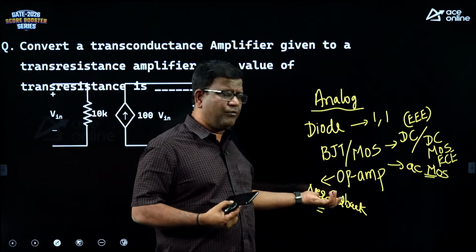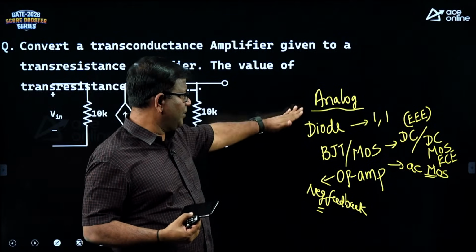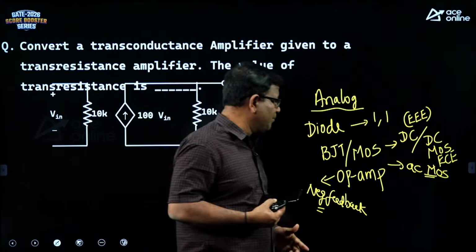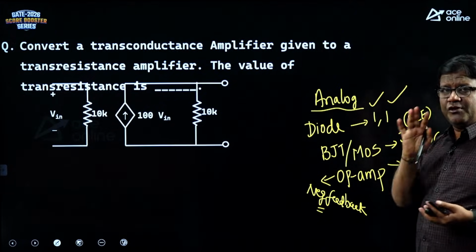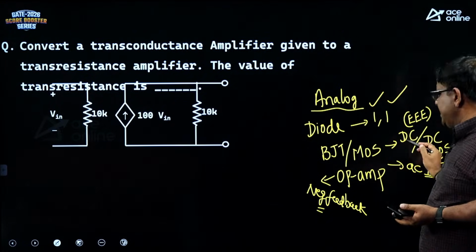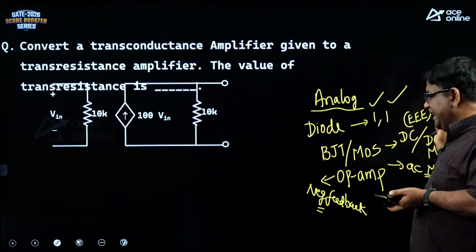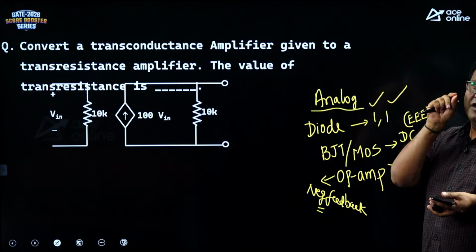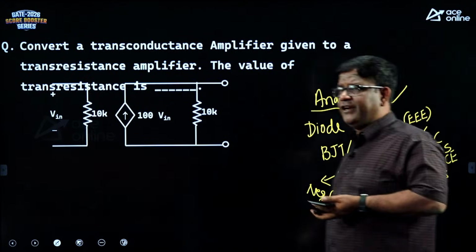You have to just apply virtual short and solve. So, if you can classify problems like this, it becomes simple. If you take every topic, it becomes cumbersome. Diodes with resistors, diodes with capacitors, you have to solve. BJT and MOSFET, DC and AC analysis. In that DC analysis of MOSFET, very important for EC, DC analysis of BJT, very important for triple E. For op amp, please focus on negative feedback questions.